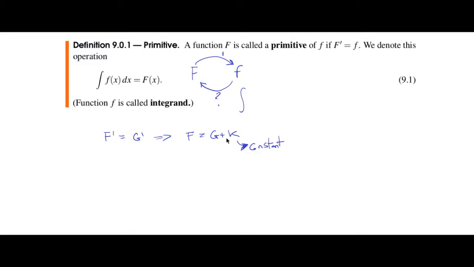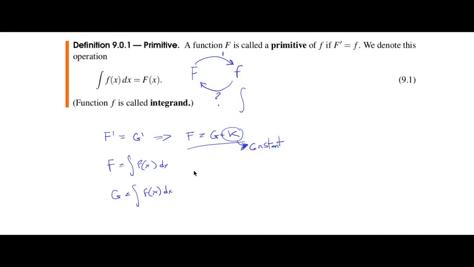So the primitives of any function are unique up to a constant. If capital F is a primitive of small f, g can also be a primitive of small f and be different from F, but then the relationship between these two is that a constant separates them.